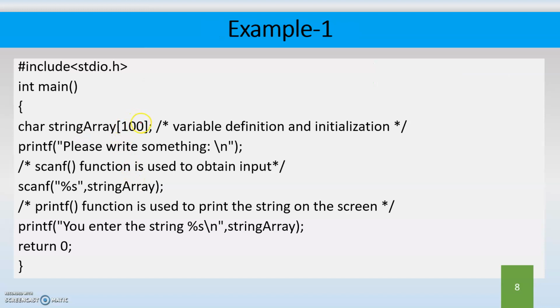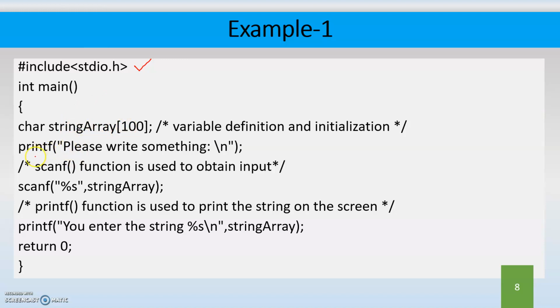Now we are starting with an example. You know already that for library functions we use #include <stdio.h>, the standard input output library. Then we declare a main function and then declare a string array of 100 variables.